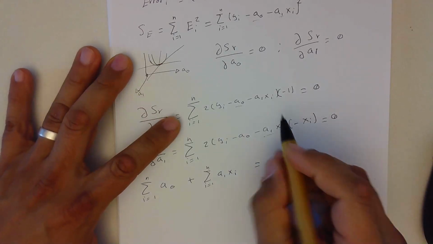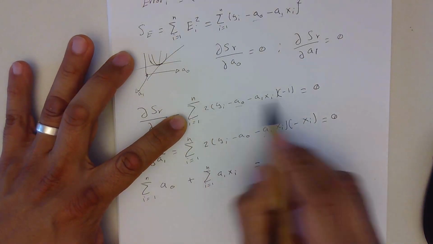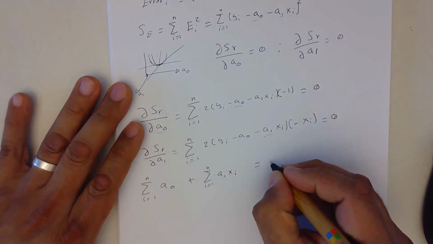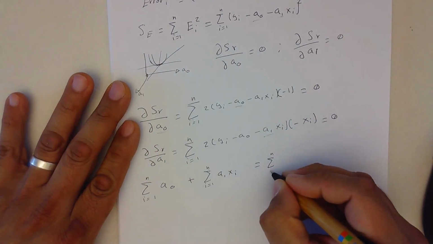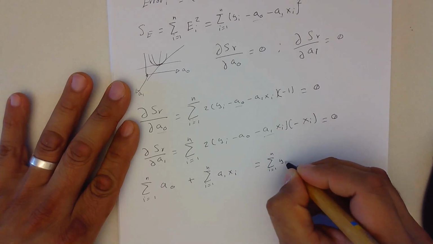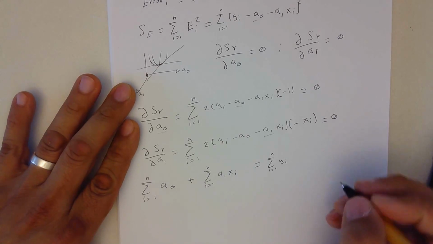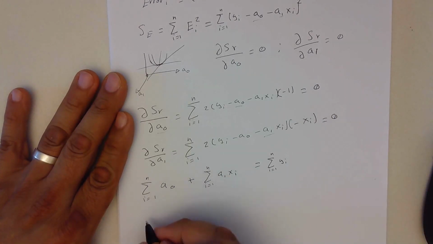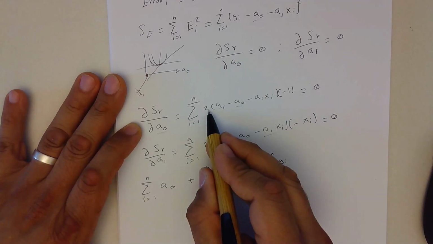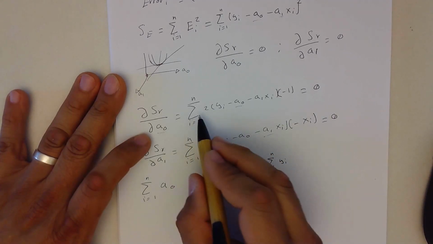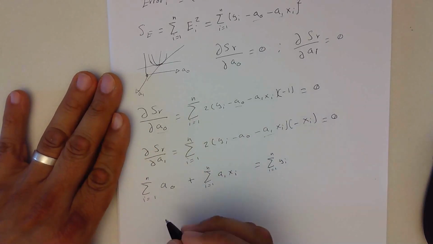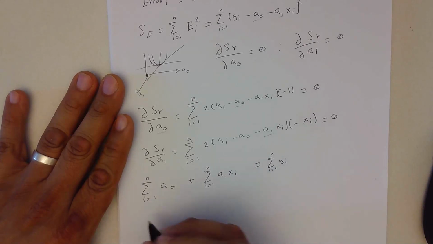This one is negative, so we can move it to the other side and it will be positive. The same thing for the other one. These two constants we can move outside of the summation, and because the other side is 0, it doesn't matter, so we get 0 too.